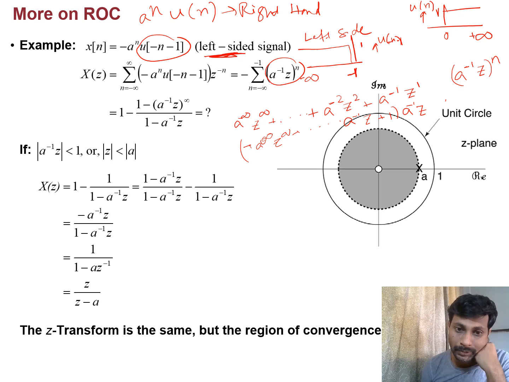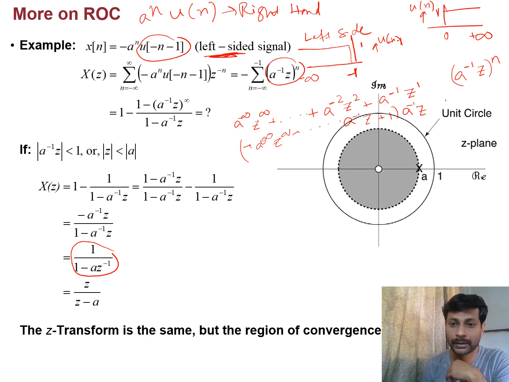So this simplifies to 1 by 1 minus a z inverse. In other words, z by z minus a, and the ROC is given by, this is the common term, so a to the power minus 1 z less than 1, so mod z less than or equal to mod a. So this is the ROC.